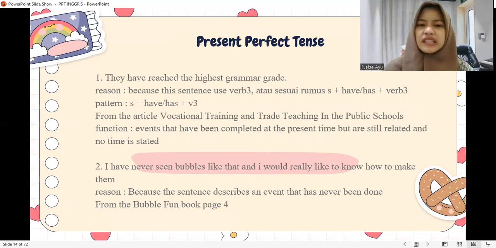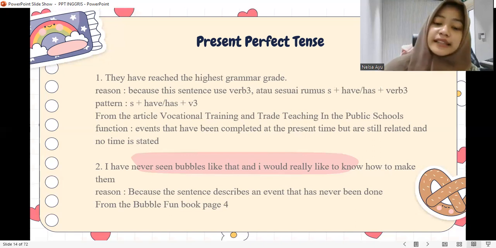The function of present perfect tense is events that have been completed at the present time but are still relevant and no time is stated. From the article "Vocational training and trade teaching in the public school."